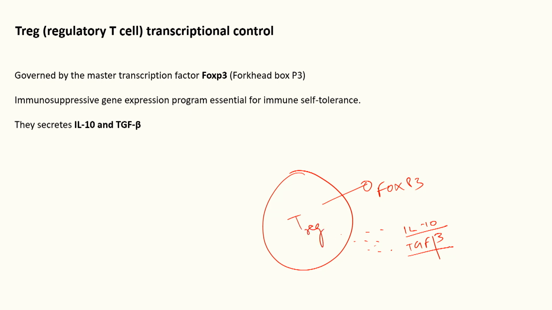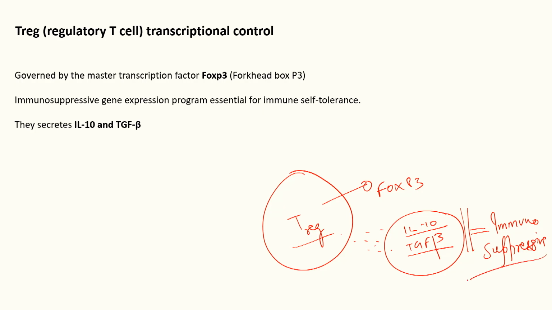Now, when we say that these two cytokines are secreted by T regulatory cells, a very obvious question is what could be the function, and the answer is that they could be immunosuppressive. So TGF-beta and IL-10 are immunosuppressive in nature. They can suppress the specific immune response, and the T regulatory cells are positive for FOXP3 expression.